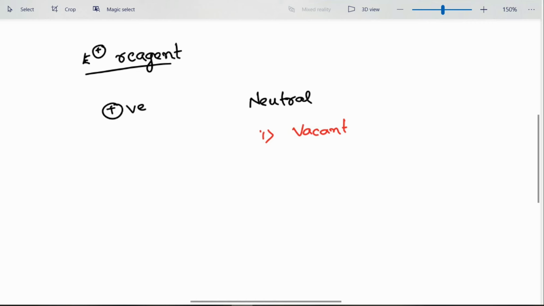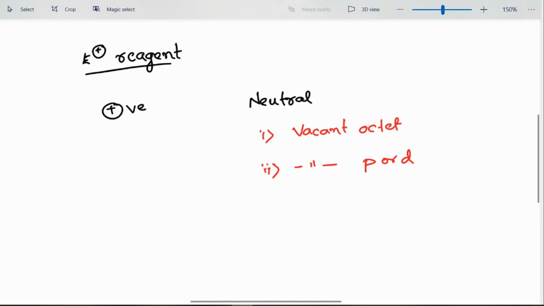This might be a main reason for a neutral electrophilic reagent to attack the substrate, or it may have a vacant p or d orbital, which results in the substrate attacking the electrophilic reagent.